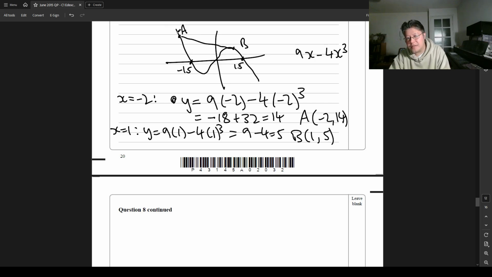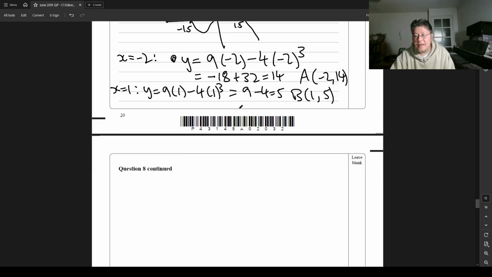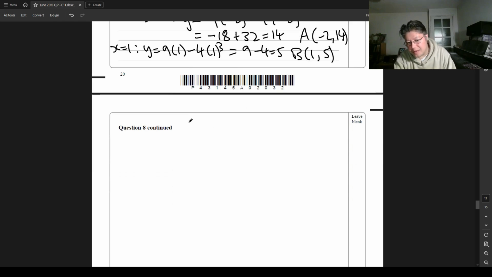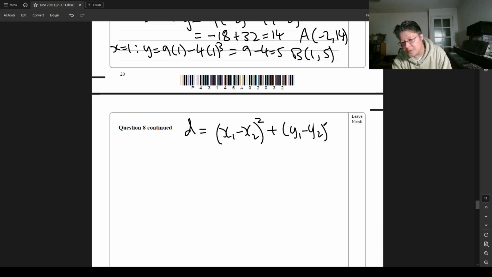And we can use the distance formula for that. And I'll just write out the distance formula. The distance should be the difference in x coordinates all squared plus the difference in y coordinates all squared and then all rooted. Okay, so let's work that out.